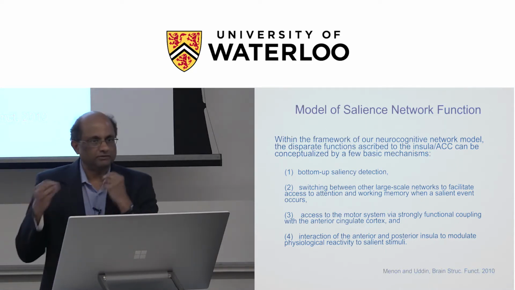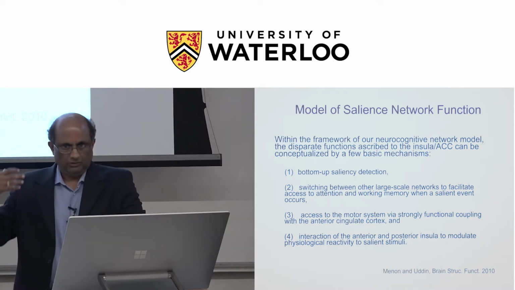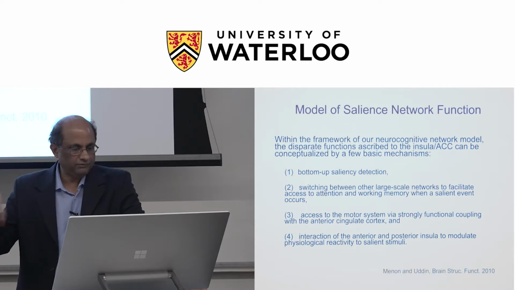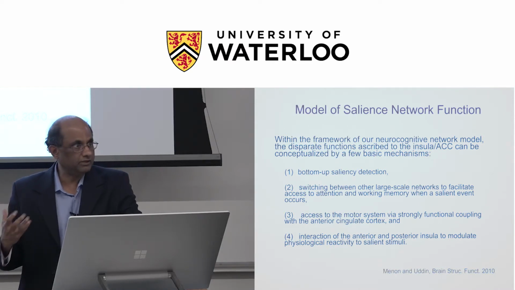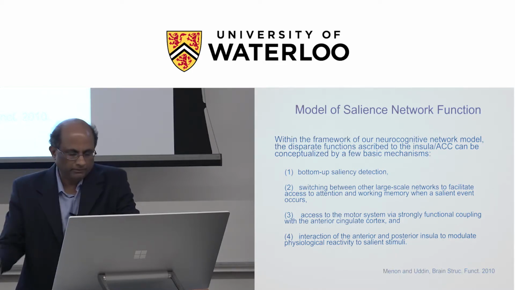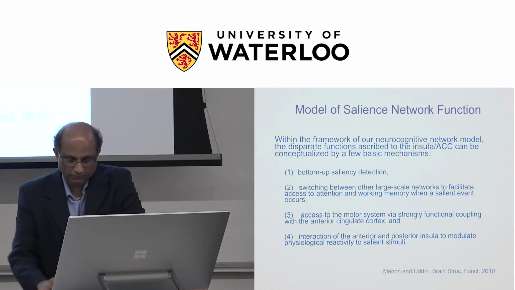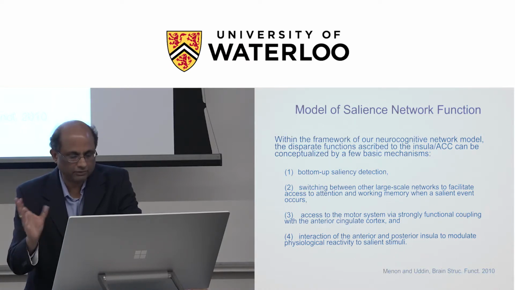And then the other aspect is interaction of the anterior insula with the posterior insula, which is more tightly linked to the hypothalamus and the physiological reactivity to salient stimuli, which we think, and there's some evidence, gives rise to the sensation of things that have happened in awareness, of physiological reactivity to salient stimuli. And that's work of Bud Craig and others. And I think we'll be hearing more of that as many of those processes are really clearly relevant to psychiatric disorders, if not the interface of cognition and emotion.